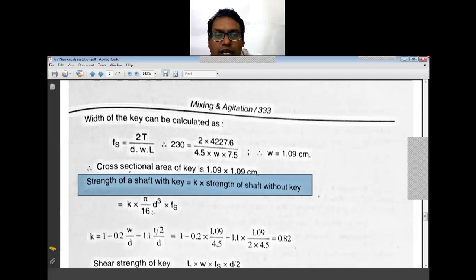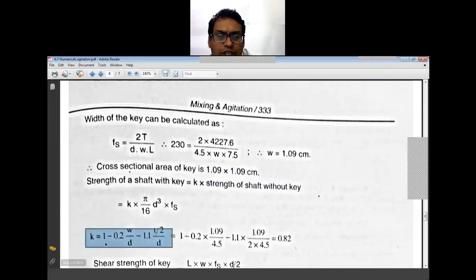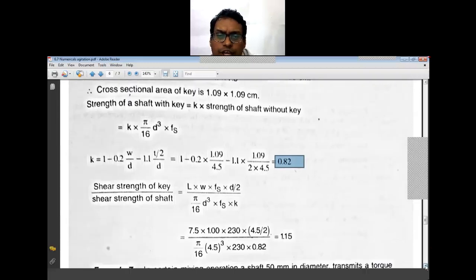This is equal to K into pi d cube upon 16 into Fs. K is calculated using this formula: K equals 1 minus 0.2 W upon D minus 1.1 times T upon D. You have to remember this, and that comes as 0.82. So the K ratio comes as 0.82.